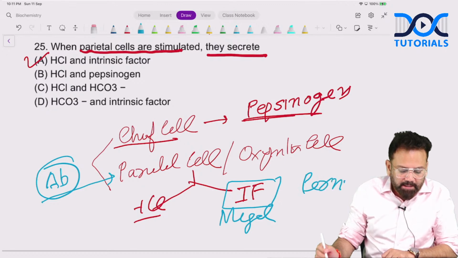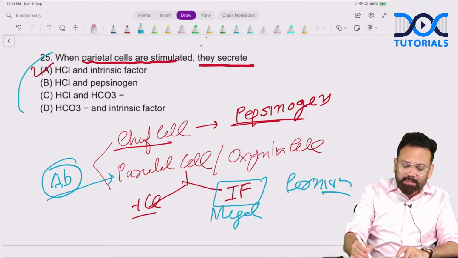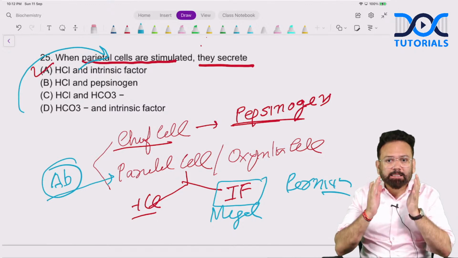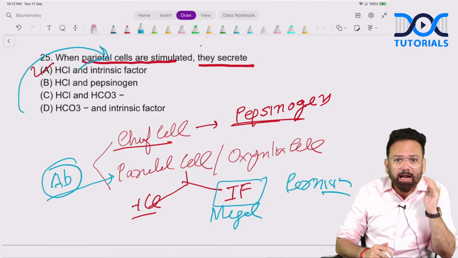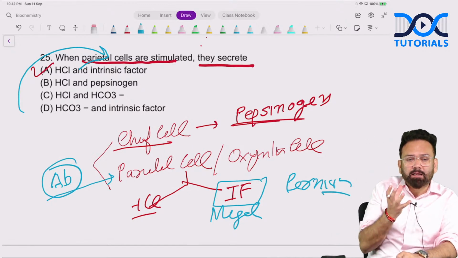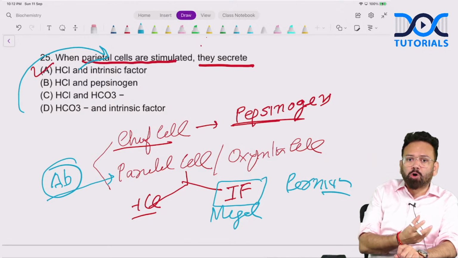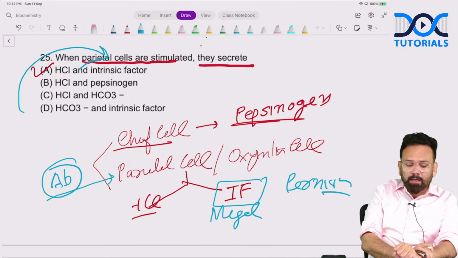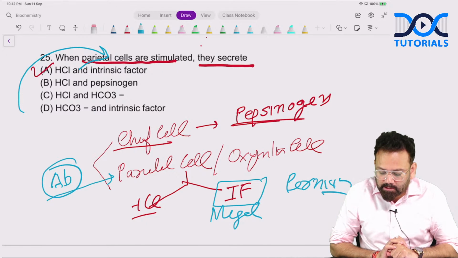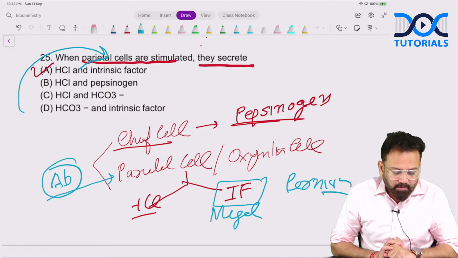Parietal cells secrete HCl and intrinsic factor of Castle. Intrinsic factor of Castle causes absorption of vitamin B12. If B12 is not absorbed, it will cause megaloblastic anemia, and this is called pernicious anemia. Okay.